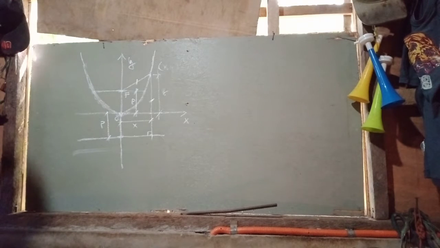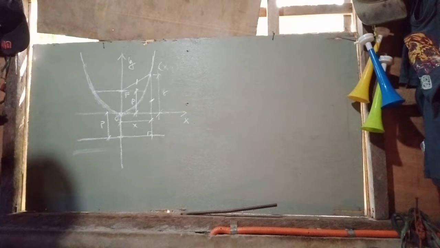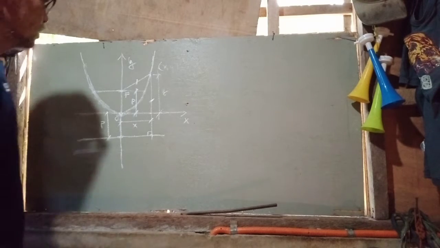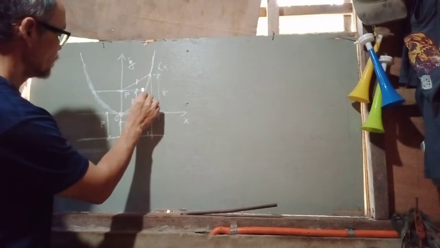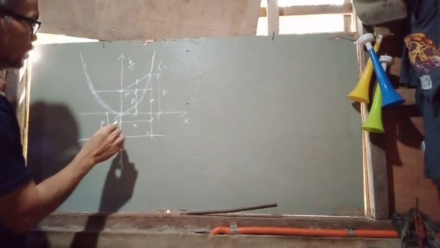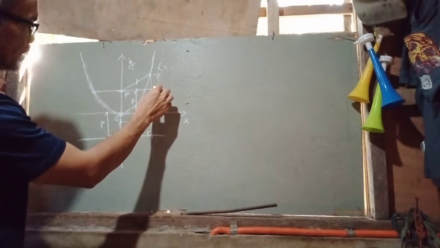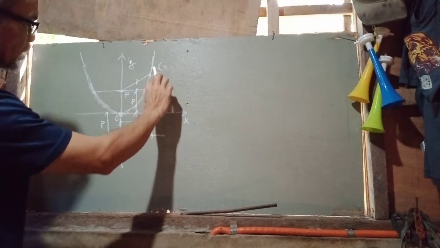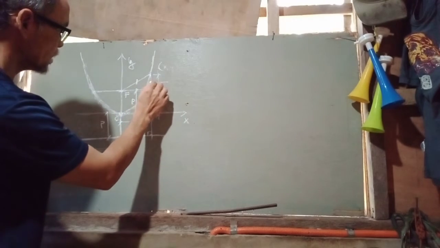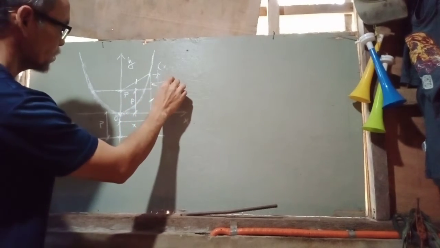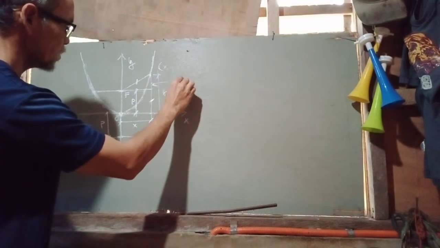So now, what do we have so that we can have a relation between y and x? So we'll take a look. If this is the x, this distance here is y minus p.